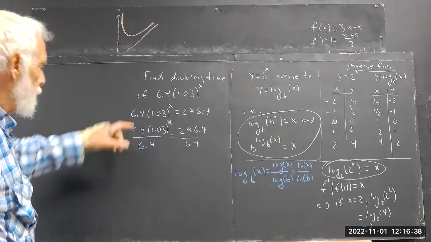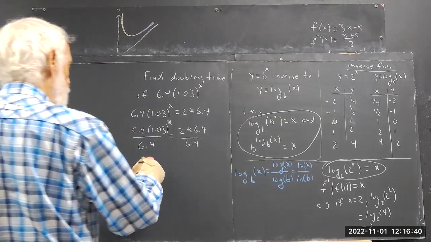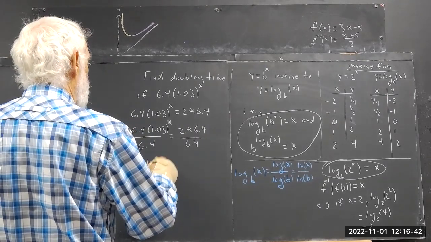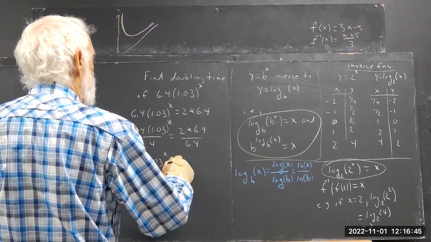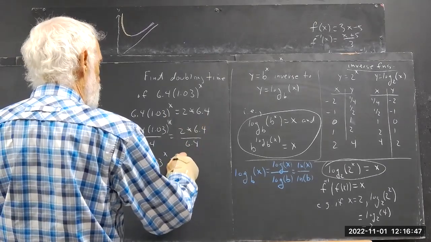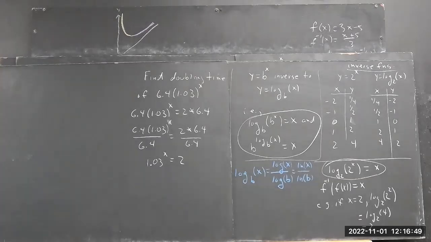Well, when we do that, the 6.4 divides the 6.4, it leaves us 1.03 to the x. And same thing happens over here, but that leaves us 2, right? Okay. Well, now what in the world are you going to do?